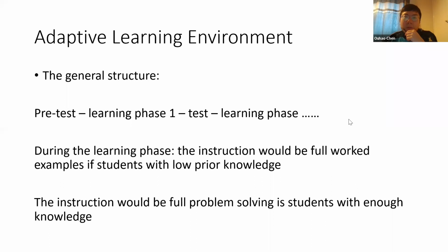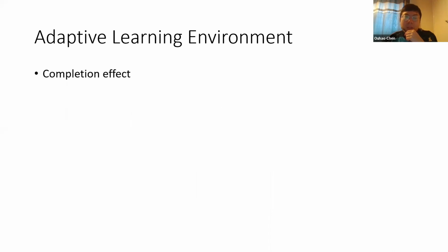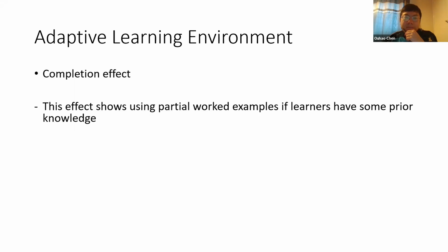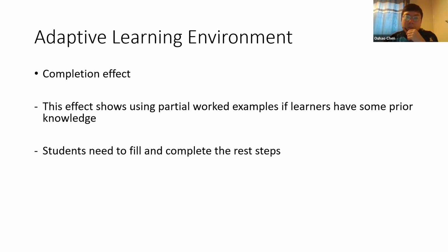So what instruction do we need to use to teach the students with medium level expertise? We have a completion effect. This effect shows using partial worked examples if the learners have some prior knowledge. So if the learners have medium level expertise, we can use partial worked examples to teach this part of students.